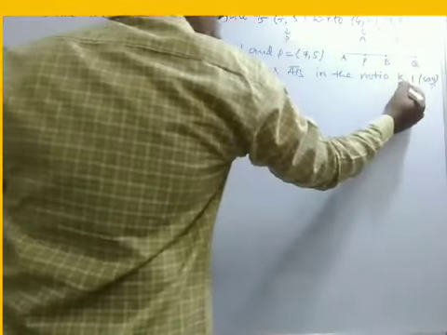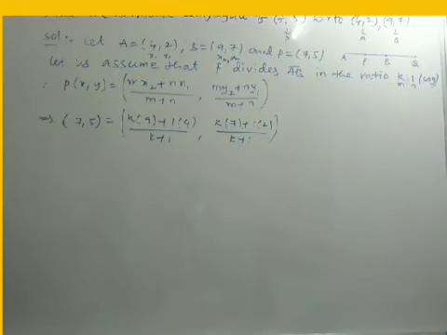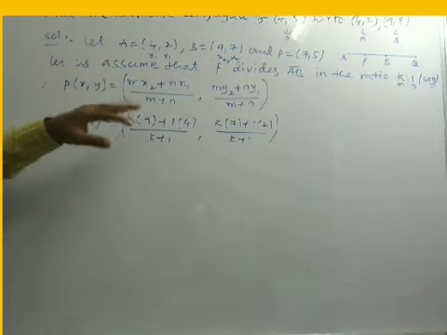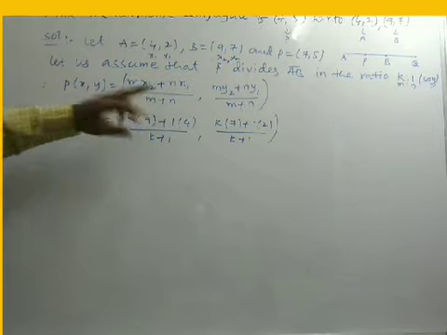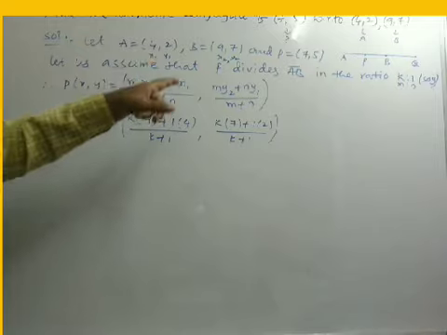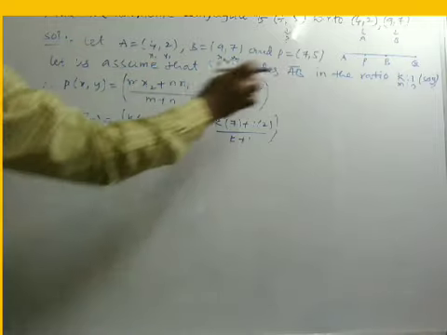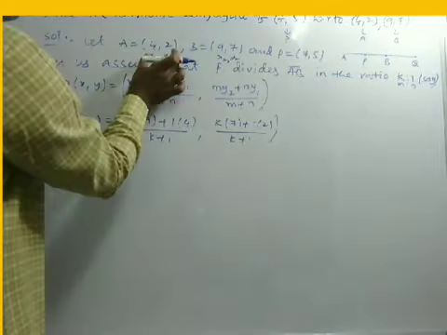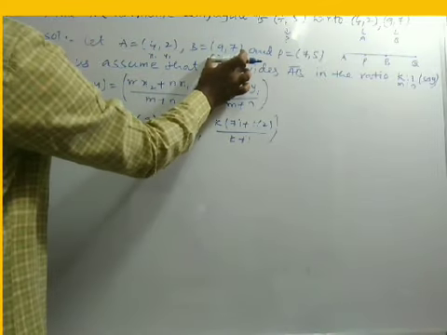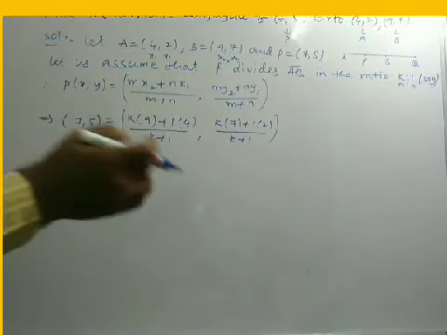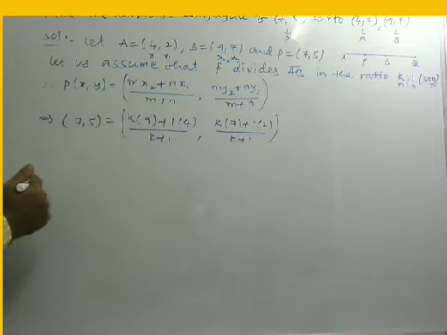And the ratio k is to 1 you can compare with m is to n. So since I want to know the ratio, let me use the section formula: mx2 plus nx1 by m plus n, comma my2 plus ny1 by m plus n. So m and n are nothing but k and 1, and these are x1, y1 and these are x2, y2. So let us substitute the values.